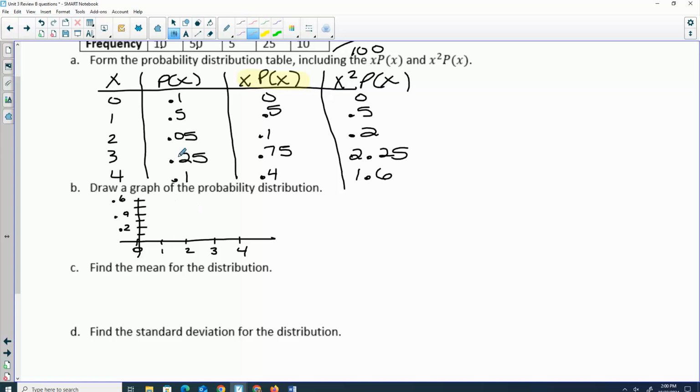So then we can just draw a line up to our probability. So 0 was 0.1, 1 is 0.5, 2 is 0.05, 3 is 0.25, and 4 is 0.1.